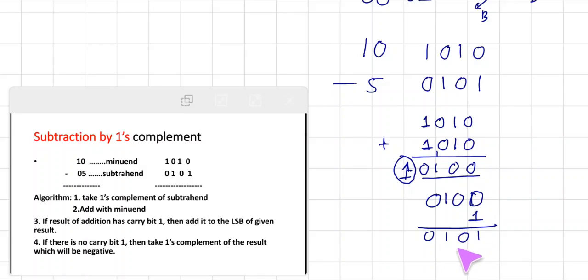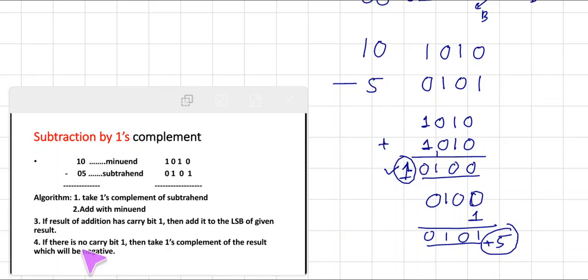Since there is a carry, we have to add it. So we get the result 101, which corresponds to 5, and we know that 10 minus 5 is equal to 5.